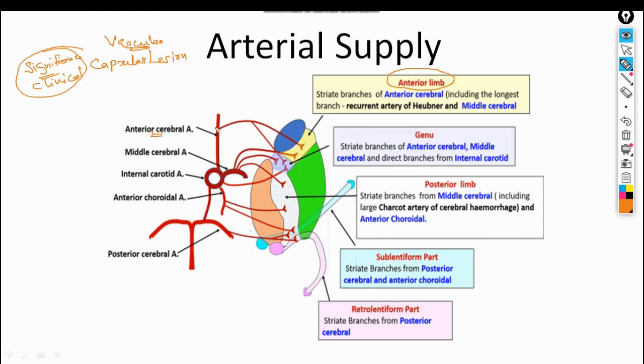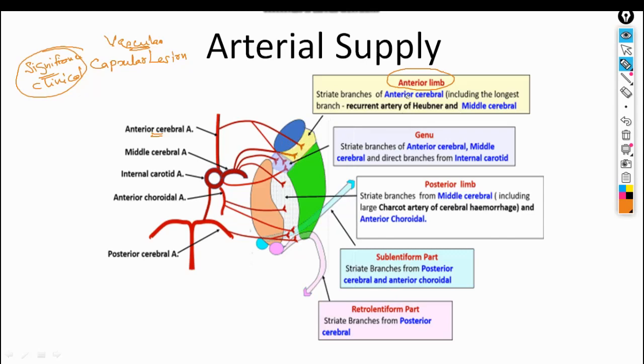You can see the anterior cerebral artery, its branch supplying this anterior limb, and this is known as the recurrent artery of Heubner. As well, you can see here the middle cerebral artery, its branch is supplying this anterior limb.